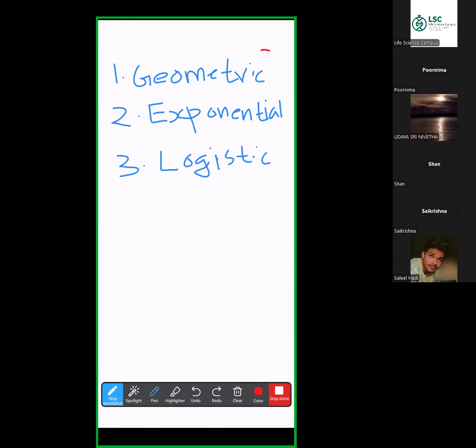Of these, geometric and exponential growth produce J-shaped population growth curves.